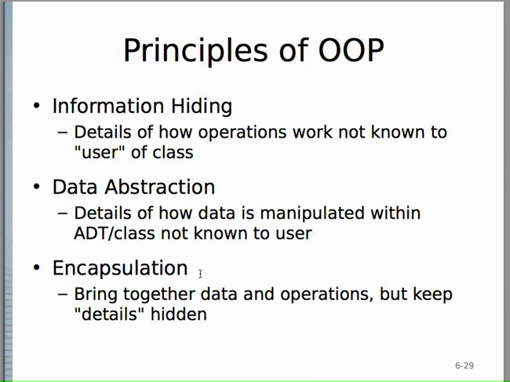Some of the principles of object-oriented programming that you should know about: information hiding. Also, we use this term in the context of data members. Remember that we want to make all our data members private unless there's a really good reason to make it anything else, like protected or public. That's called hiding those data members. So the details of how operations work may not be known to programmers using this class.